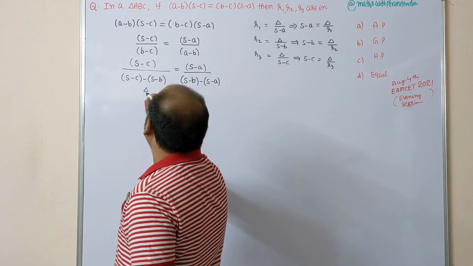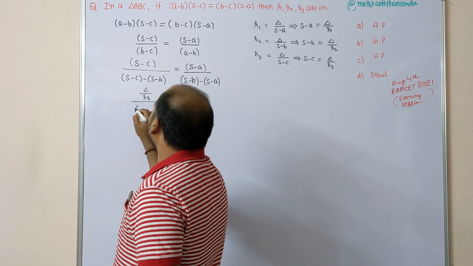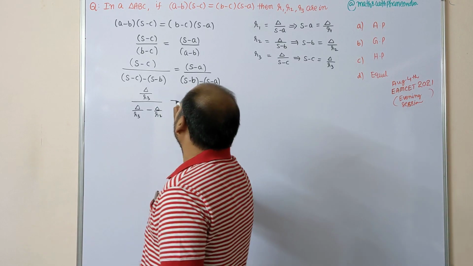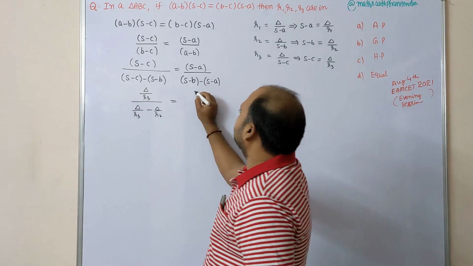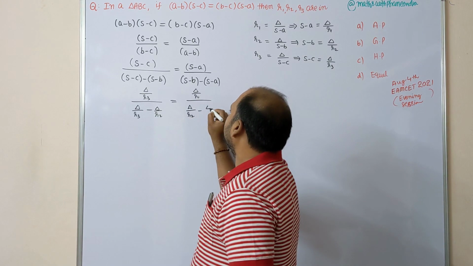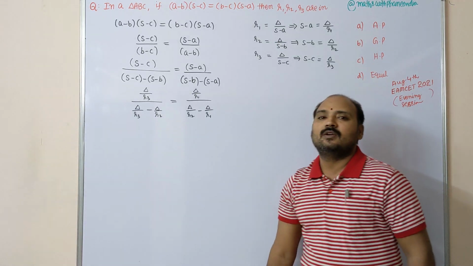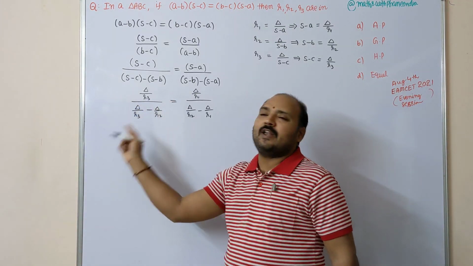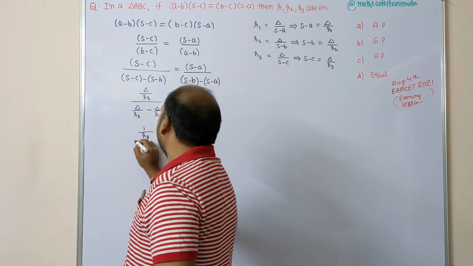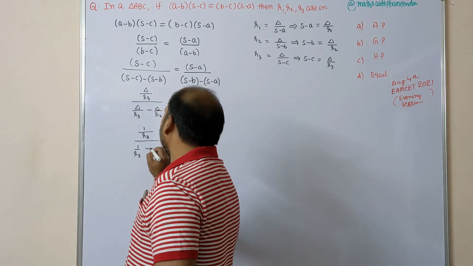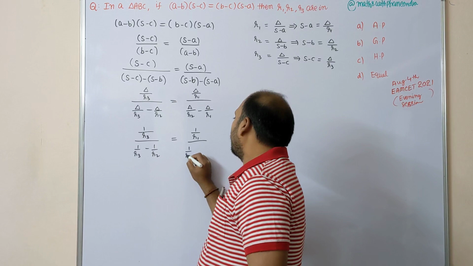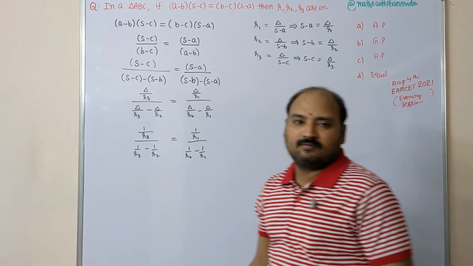So delta by r3 over (delta by r3 minus delta by r2), and next, delta by r1 over (delta by r2 minus delta by r1). Take delta common from numerator and denominator and cancel it. The rest of the terms: (1 by r3) over (1 by r3 minus 1 by r2), and (1 by r1) over (1 by r2 minus 1 by r1).